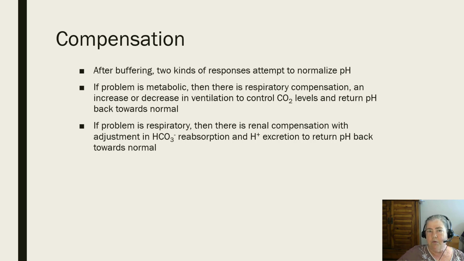Never too normal, but towards normal. When the problem is respiratory, then the kidneys adjust hydrogen ion excretion and bicarb production and reabsorption, again to try to return the pH back to normal.